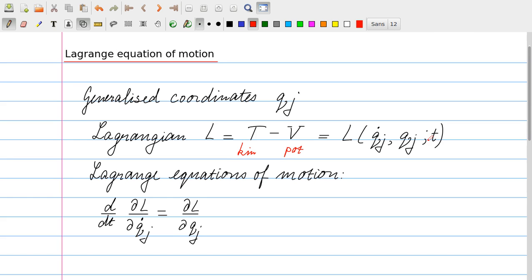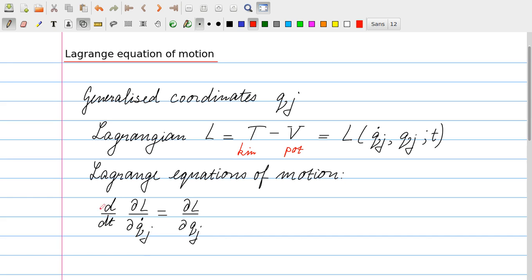And for this Lagrangian we can write up the Lagrange equations of motion, which read d/dt ∂L/∂q̇j is ∂L/∂qj. And realizing that L is a function of the qj dots, then obviously the derivative of L with respect to qj dot may still be a function of the qj dots.